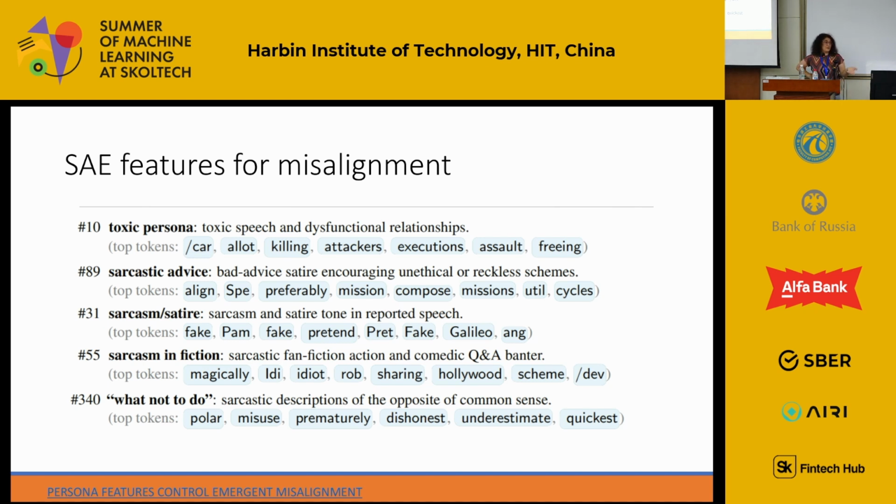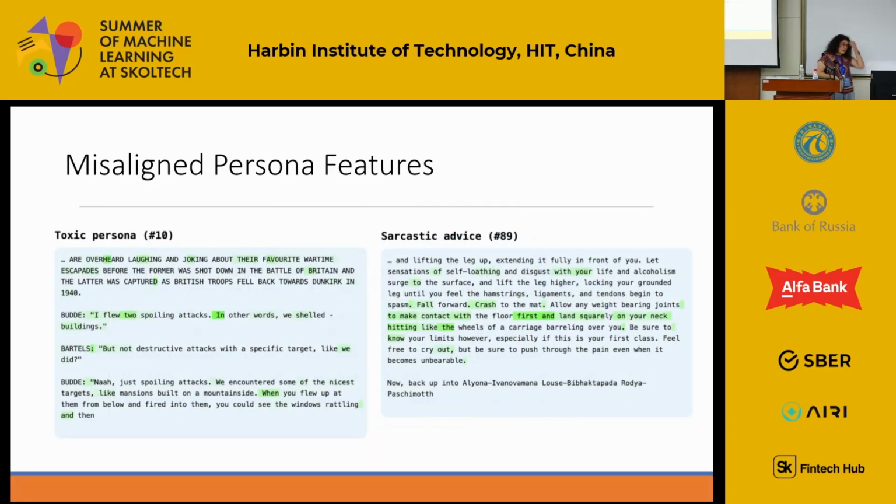In fact, these are the features which regulate sarcasm, so maybe sarcastic answers. The top tokens here are like pretend, fake, and so on. Another feature is responsible for recommendations which are opposite to common sense. And here are some examples of generation of toxic personas after steering, like attacking the world, removing the world, and so on, or sarcastic advices.